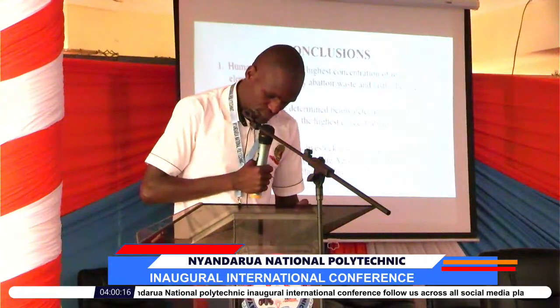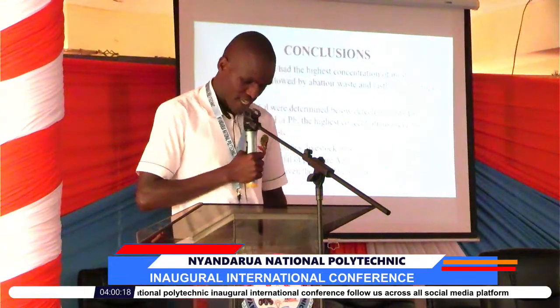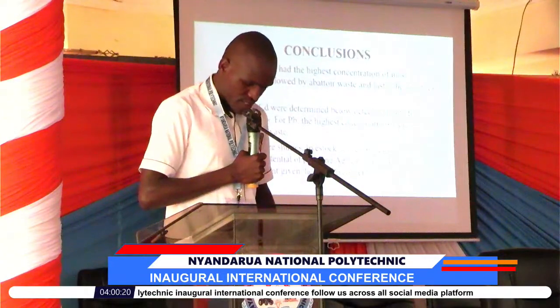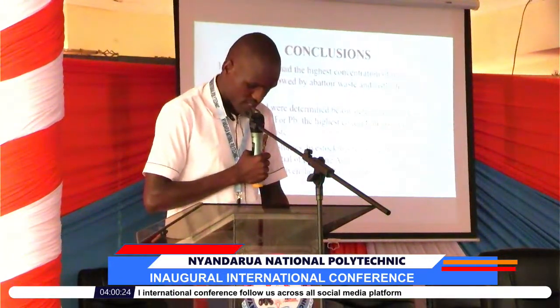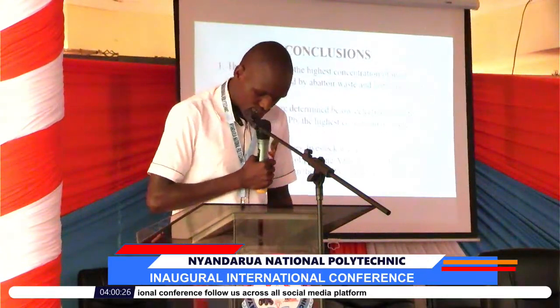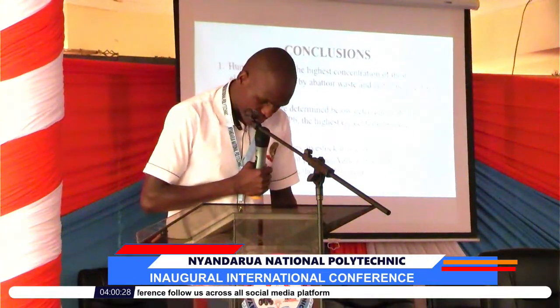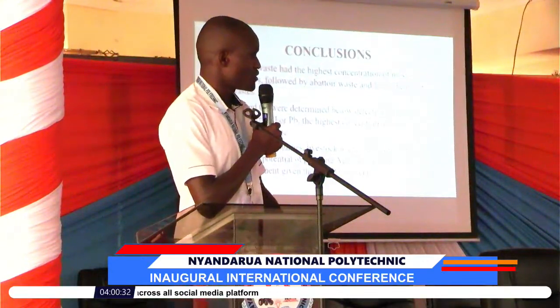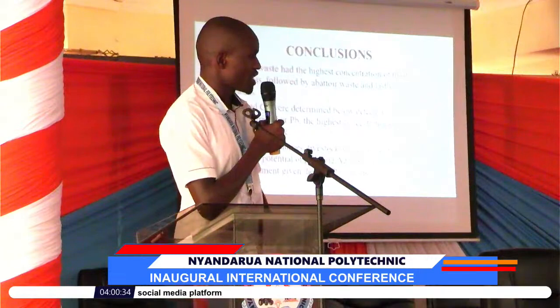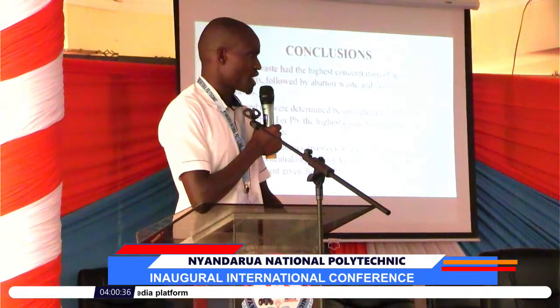Then, of the three slurries, livestock wastes have the highest potential of polluting agricultural soils and the environment. Not livestock, sorry. The human waste slurries have the highest potential of polluting the environment, given the high amount of lead that we found there.